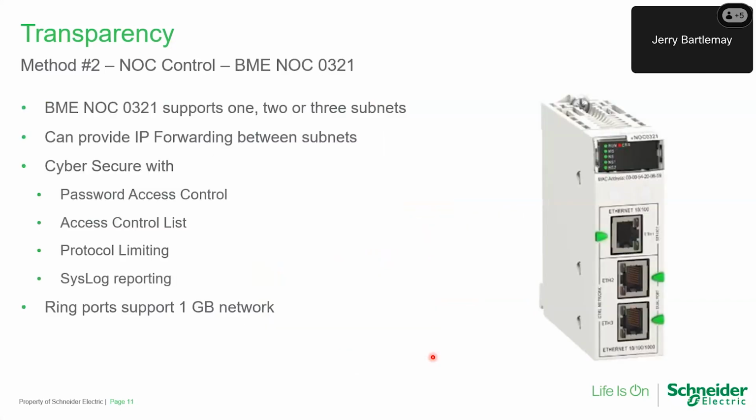So let's talk a little bit more about that module. It's a cyber secure module, as much as any component is in the M580 system. So it's one of the most cyber secure systems out there, and getting more cyber secure by the day, it seems like. One unique feature of this module is that these ring ports down here support 1 gigabit networks.